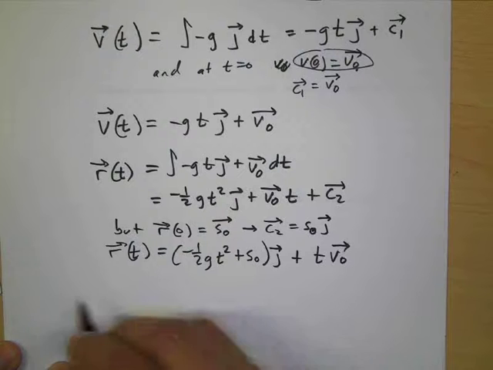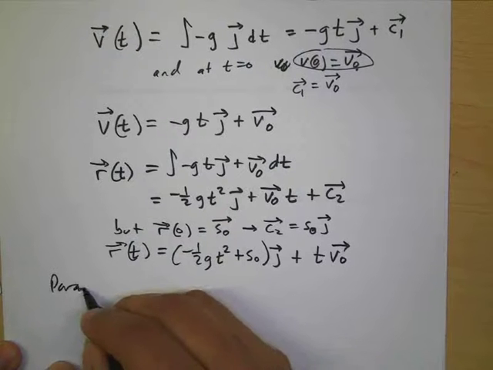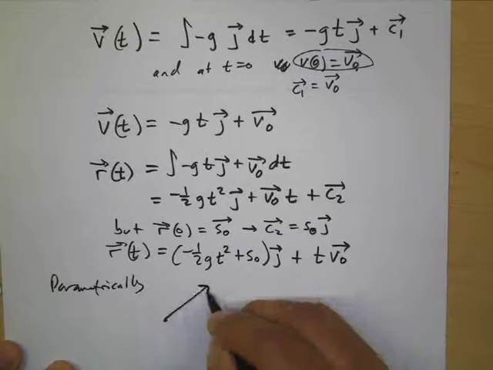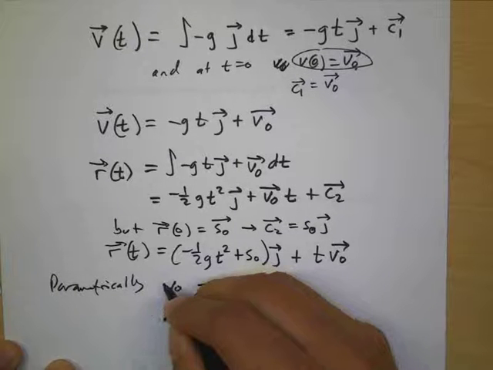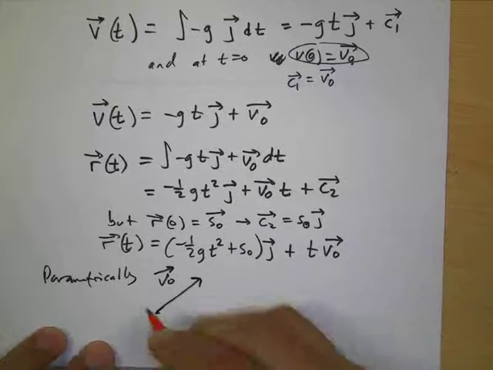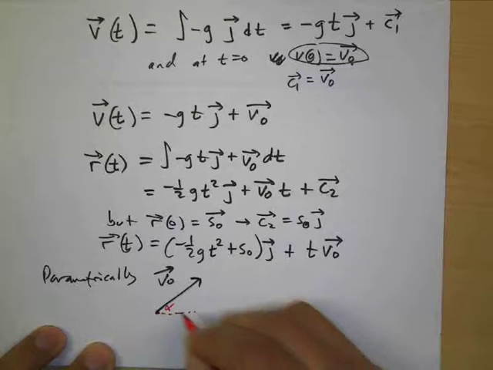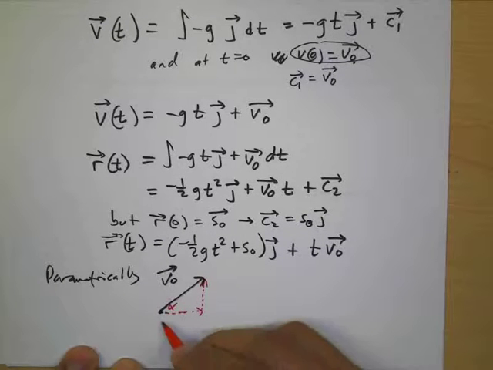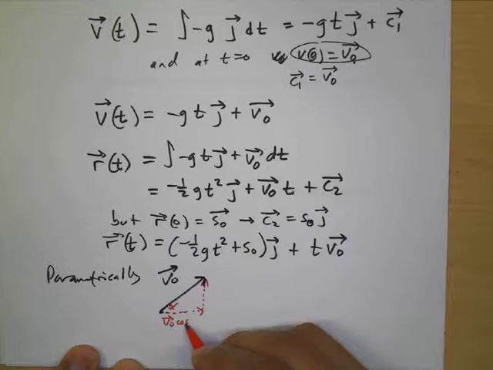So now, parametrically, here's our velocity vector. Let's say we have some angle alpha. This would be v naught cosine alpha.